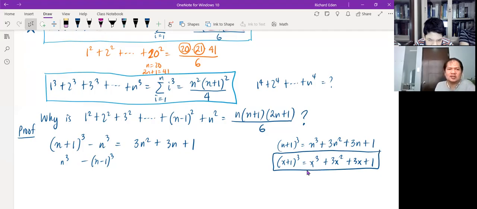Then let me erase this formula above. From the formula inside the box, if x is equal to n, then you will get this first line. Now, my next question is, what is n cubed minus n minus 1 to the third power?